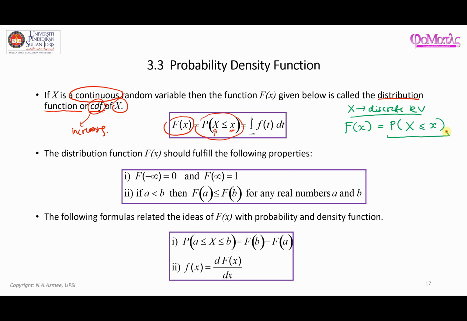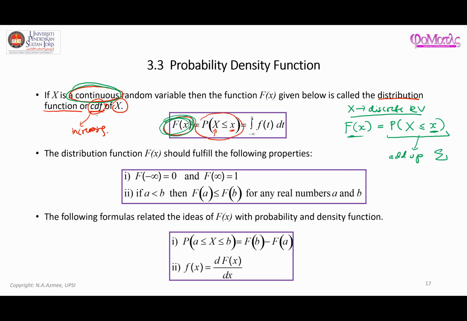In order to find this probability, you add up all the probabilities related to the value of x or smaller than that. The process involves addition, and we use the notation sigma. Now for the case of a continuous random variable, we have the same notation, and this is known as the CDF.